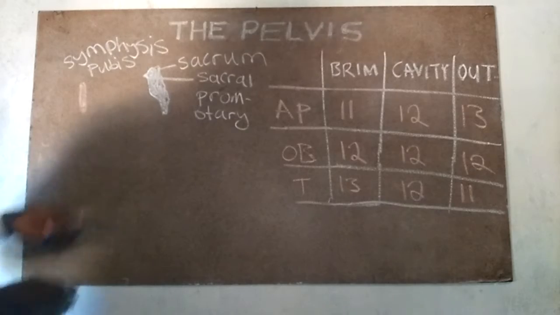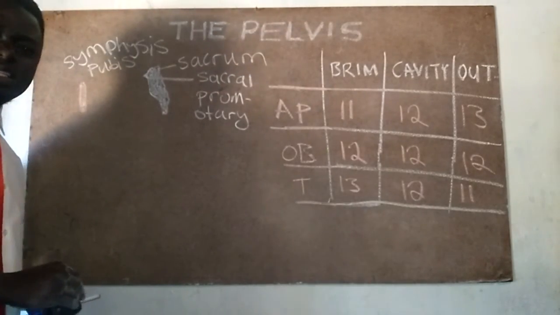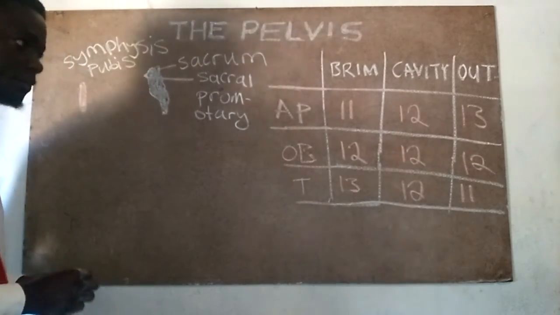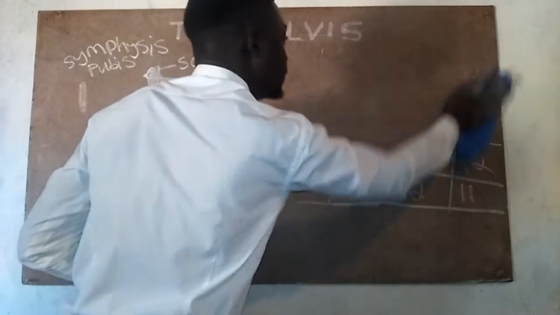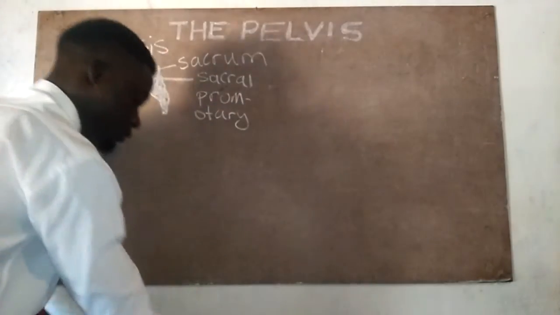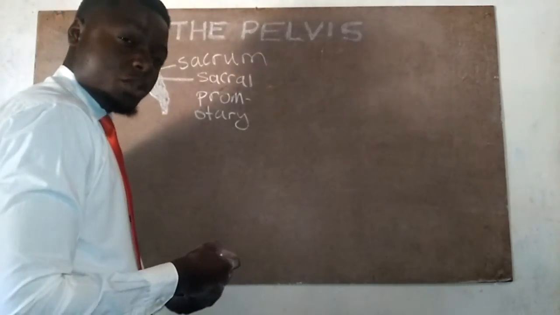All these that we are going to talk about are the three conjugates. The first conjugate is the anatomical conjugate.